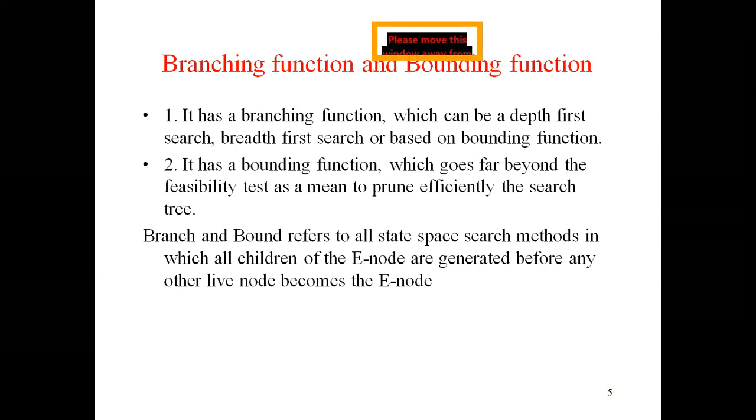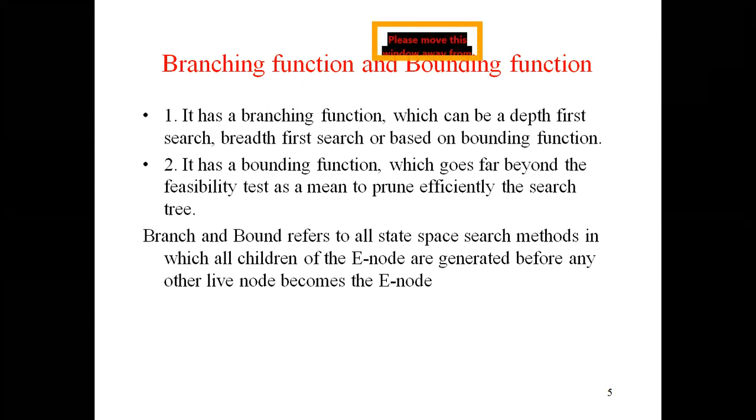So branch and bound refers to all state space search methods in which all children of the E node are generated before any other live node becomes the E node. State space search means a tree, a solution tree. To find the solution, we are constructing a tree, that is the state space, with a root node, intermediate nodes and leaf nodes.